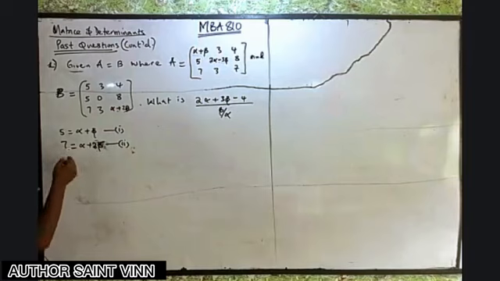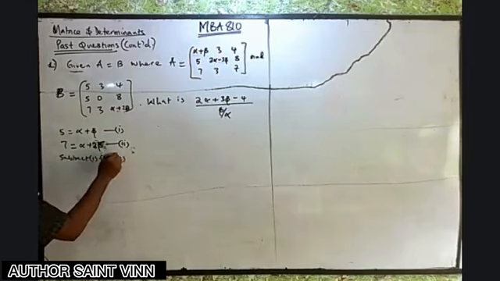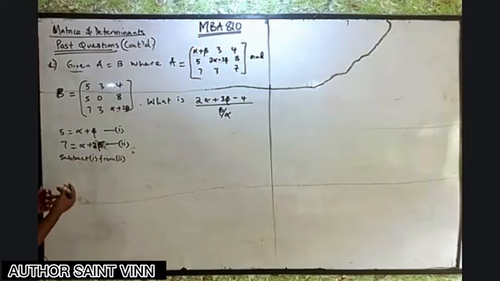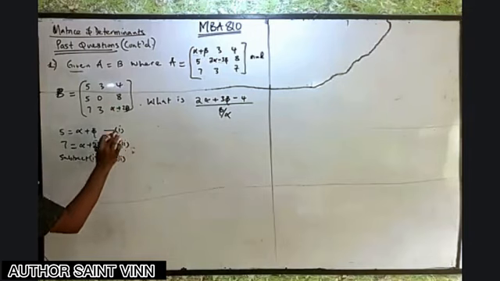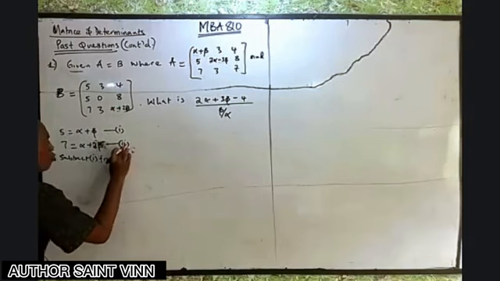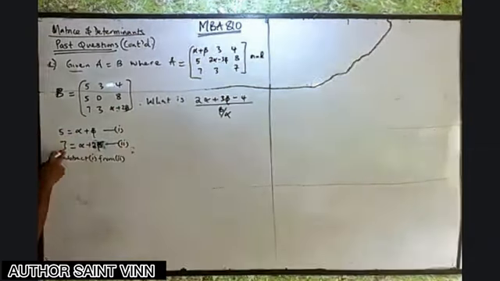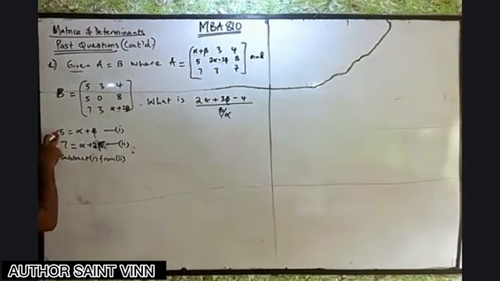Unlike the other time, this one is easier: we can subtract equation 1 from equation 2. I would have told you to solve it, but just to fulfill righteousness, that's why I'm solving, so that it will enter more. Subtract 1 from 2 means 2 minus 1. 7 minus 5 is 2.